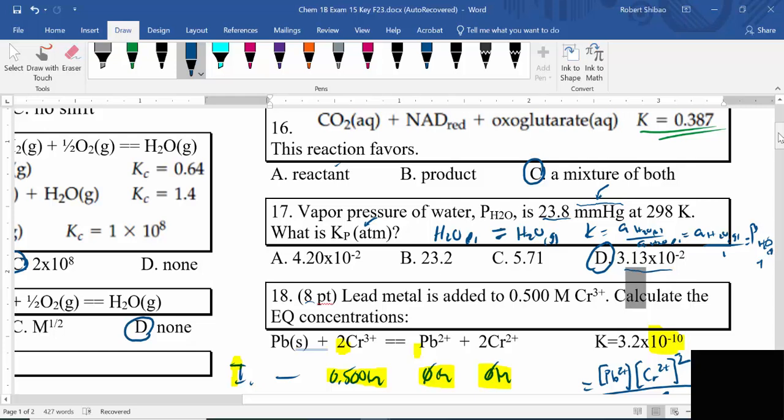Could you write it down? Could I write it down? The reset, if K is big, you'd reset to the right. If K is small, reset it to the left. I could write it. Let me write it on the board.